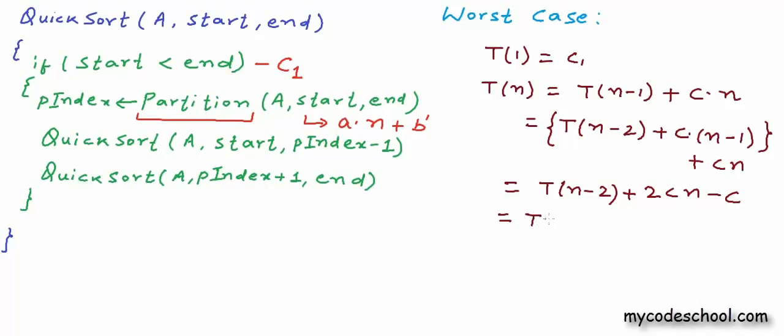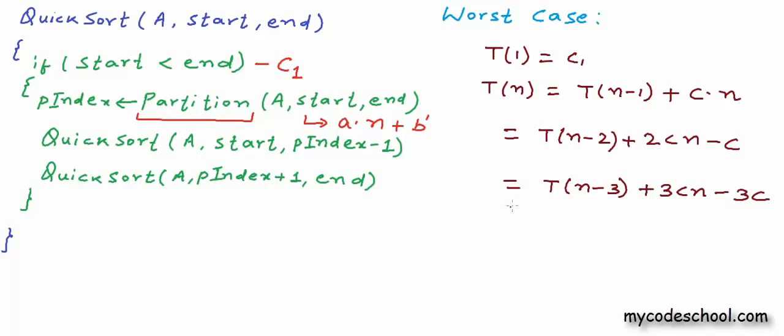T(n-2) can be written as T(n-3) plus c into (n-2), plus we will have these terms 2cn minus c. So now this is T(n-3) plus 3cn minus 3c. If I reduce this further, this will be T(n-4) plus 4cn minus 6c.